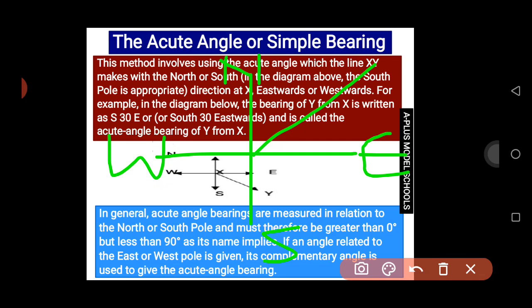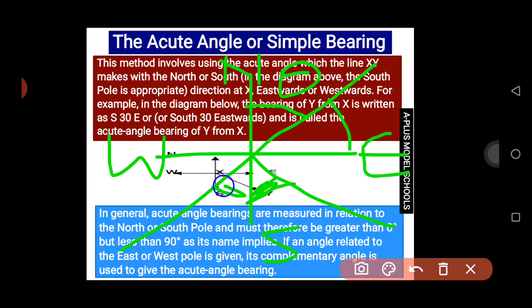So looking at these two angles on the first part, this angle here is closer to the north more than this angle. So my acute angle bearing here is this angle, theta. So here too, if I want to look at my acute angle bearing, this will be my acute angle bearing. Same thing here.